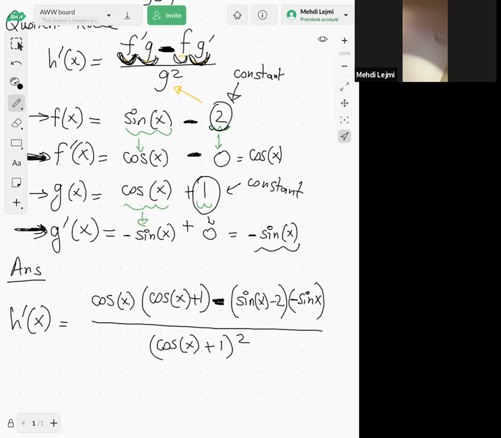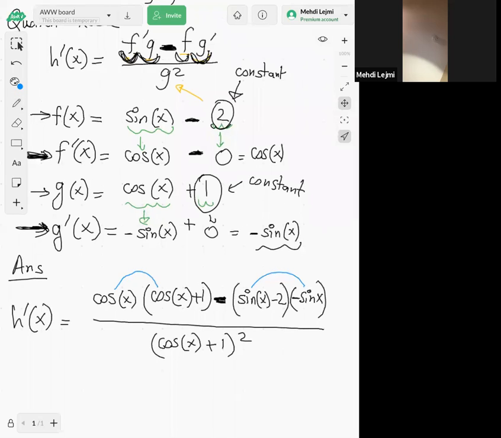Actually, you can try to simplify this answer because, as you can see, you're going to have cosine square, and here sine times sine, that's sine square, and minus minus, that will be plus. So here you're going to have cosine square plus cosine square plus sine square, and that will be equal to 1, right? So there's a way to simplify the top.